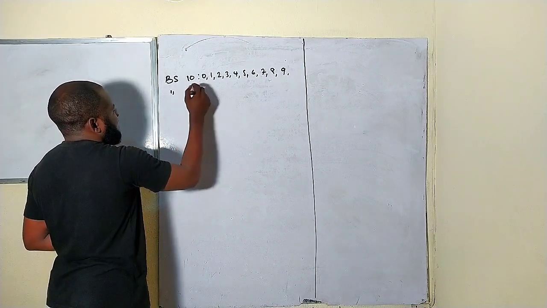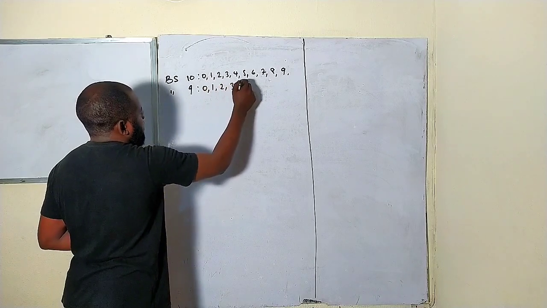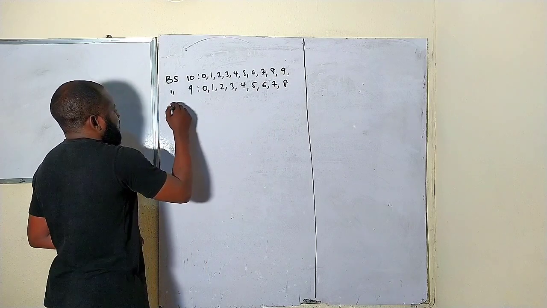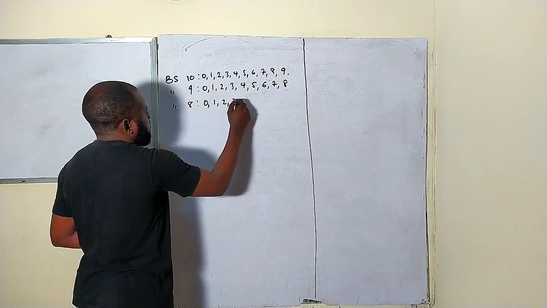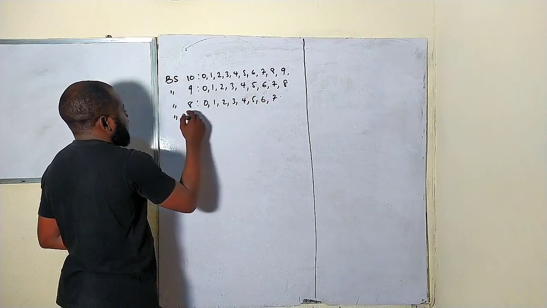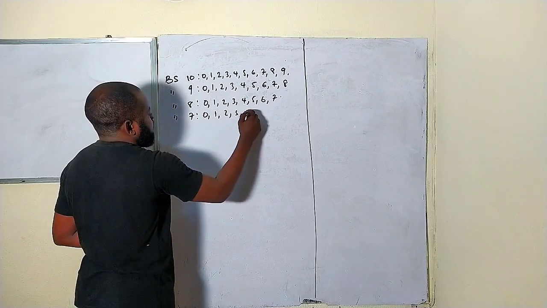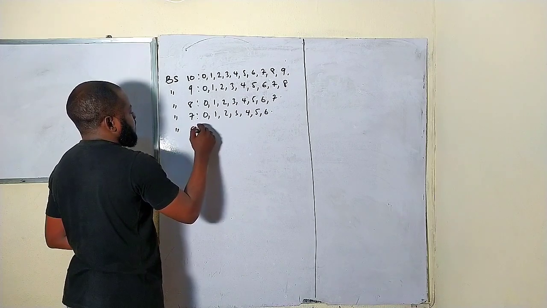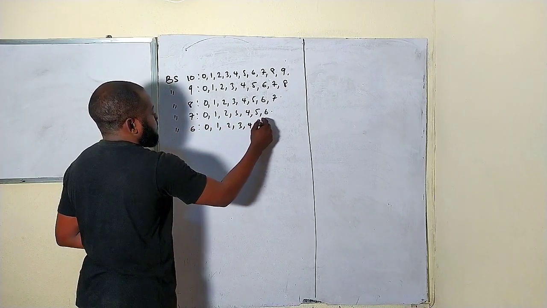If I have base 9, the digits I can have are 0, 1, 2, 3, 4, 5, 6, 7, 8. If I have base 8, the digits I can have are 0, 1, 2, 3, 4, 5, 6, and then 7. If I have base 7, I have 0, 1, 2, 3, 4, 5, 6. If I have base 6, I have 0, 1, 2, 3, 4, and 5.